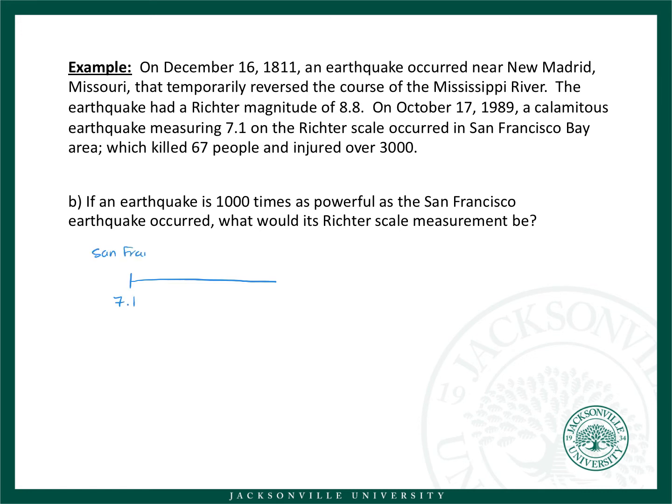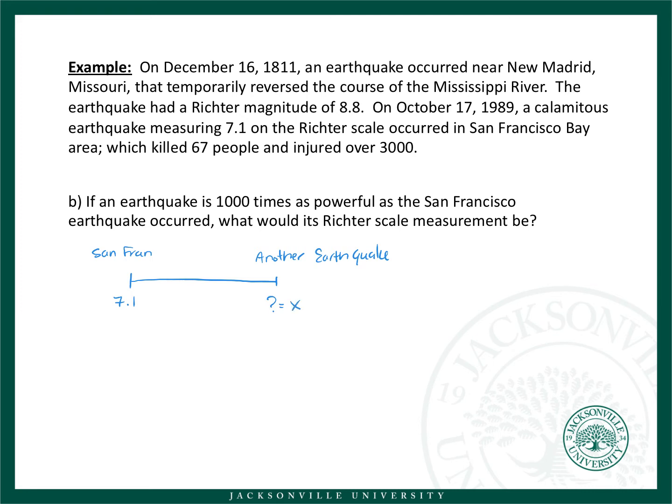The San Francisco earthquake on the Richter scale was 7.1. Then we consider this other earthquake, and we don't know its magnitude, so I'll call it X.